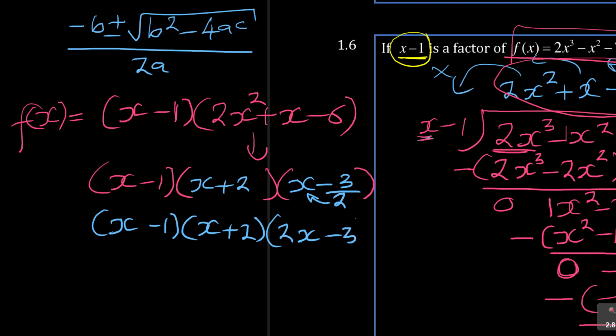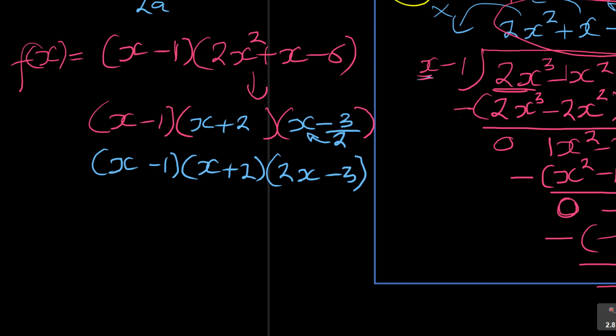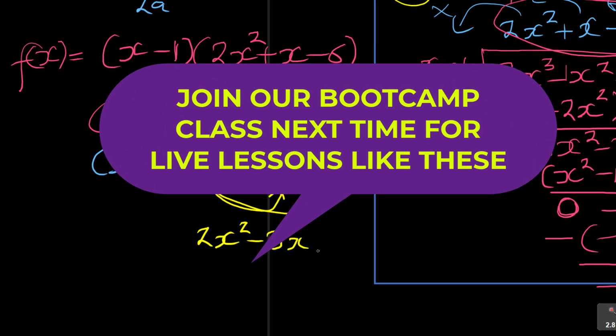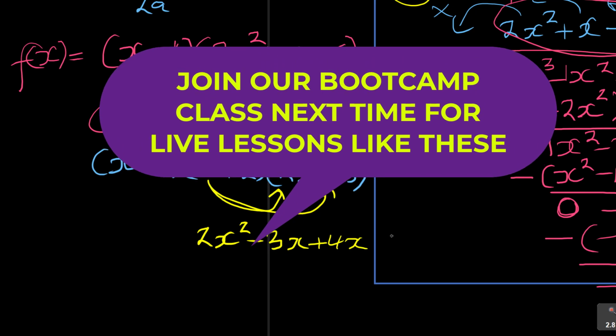Just to get yourself clear, sometimes if you feel like, what if I'm making an error, just do a quick check. Open this bracket. This times this is 2x squared. This times this is minus 3x. This times this is plus 4x. This times this is minus 6.